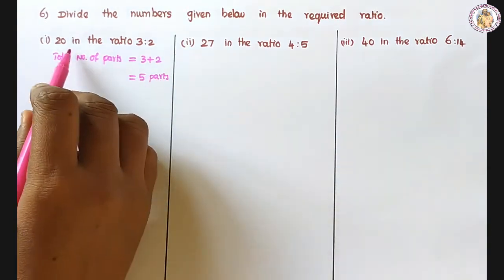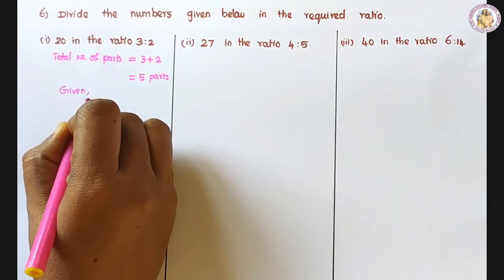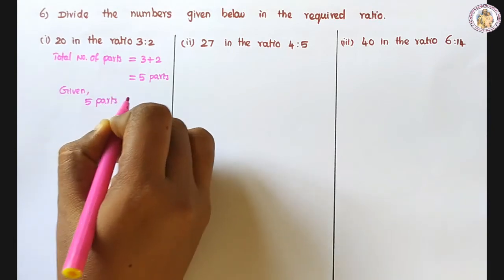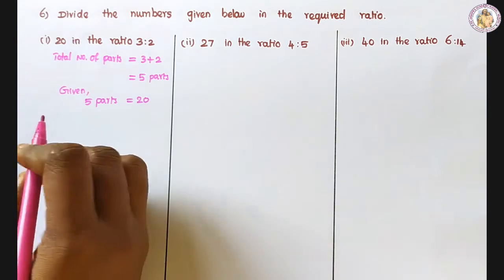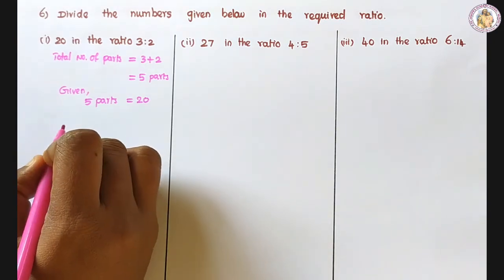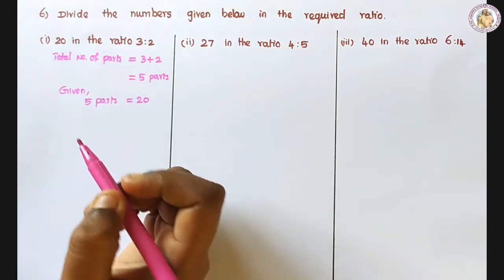So 5 parts equal to 20, that is given, right? 5 parts equal to 20. Now we want to find out 3 parts and 2 parts how much.